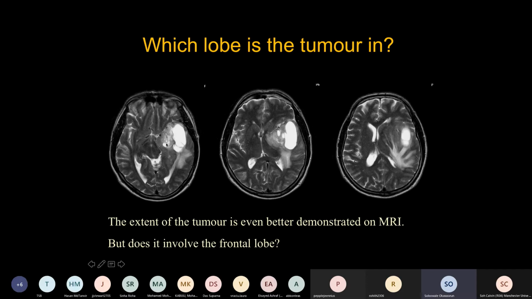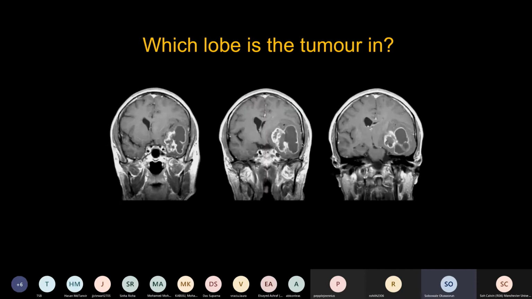If you know your anatomy, this is definitely a temporal lobe feature, pushing upwards. You can't loosely call it frontotemporal, because in order to get from the temporal to the frontal lobe, you need to go through the insular cortex, around the Sylvian fissure. That's why we do coronal imaging. If you look at the Sylvian fissure elevated, you know the mass is expanding the temporal lobe and pushing it upwards. So in this case, this is a tumor.